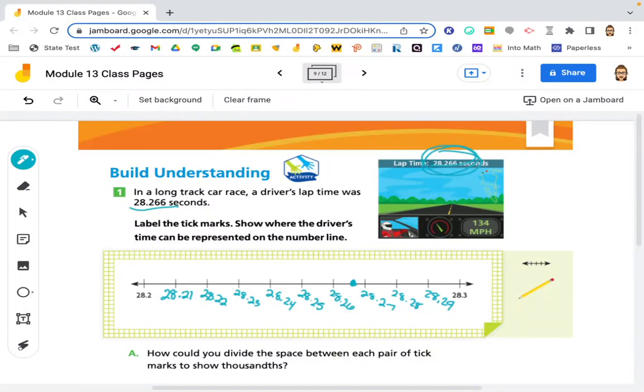So it says, how could you divide the space between each pair of tick marks to show thousandths?